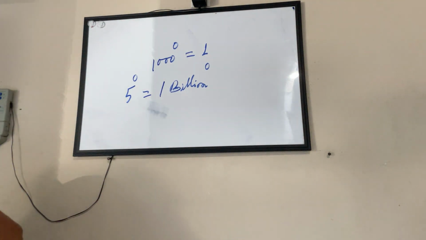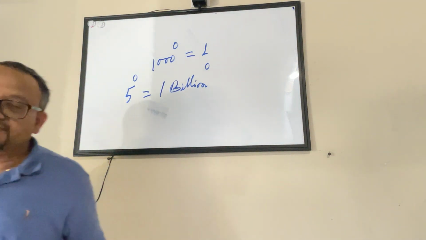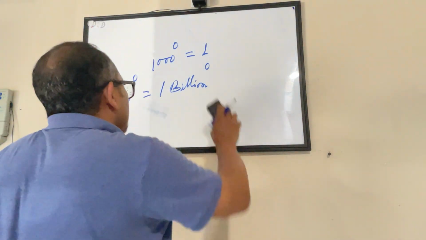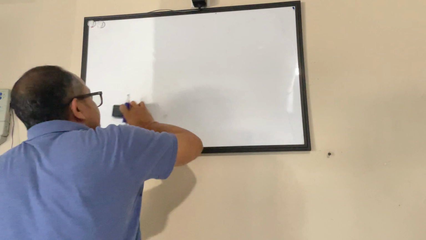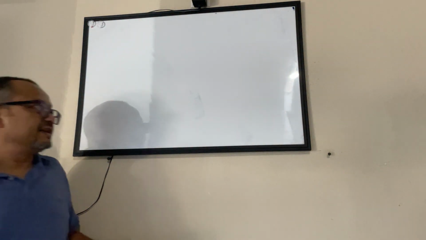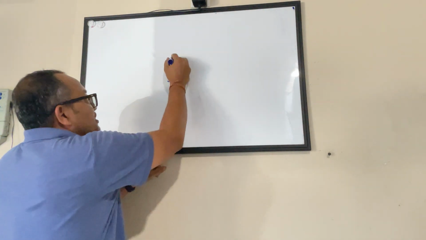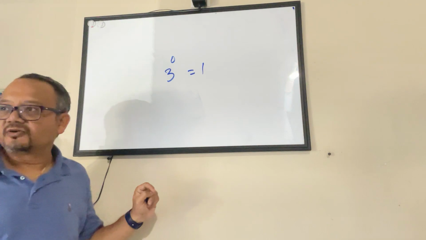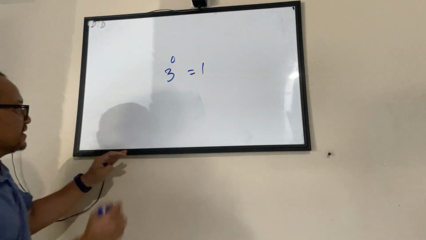Now, we have dealt with power that is positive, meaning you multiplied, you subtracted, you divided, whatnot. But let me first prove why do I even say that any number to the power 0 is equal to 1. Okay? Let me prove that for you guys.